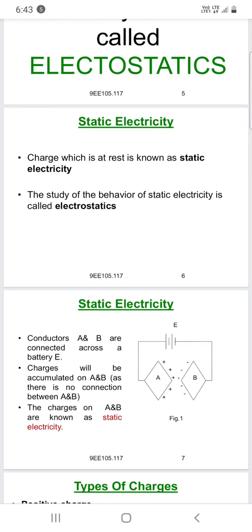Static electricity. What is static electricity?